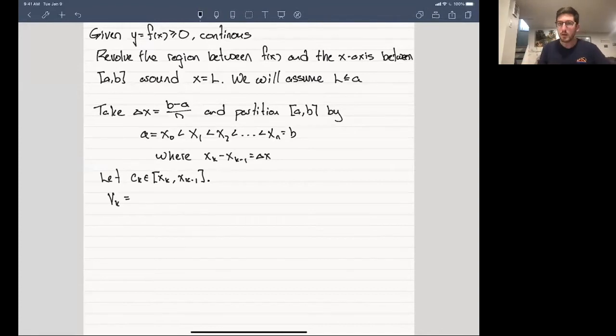Then we saw that when you unravel these things, they can be turned into rectangles, or they're actually rectangular prisms. They're three-dimensional objects. They have depth or thickness, delta x. They have height given by f of ck. And then we remember the length here was given by the circumference of the cylinder. And in this case, we're going to use the circumference given by the ck term.